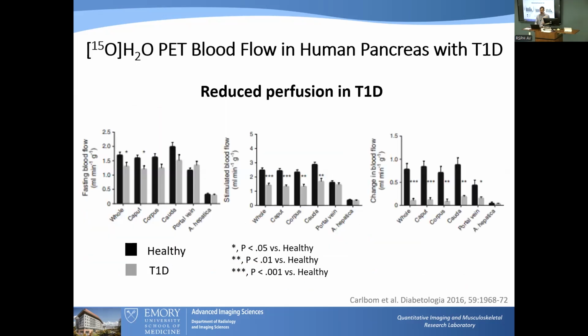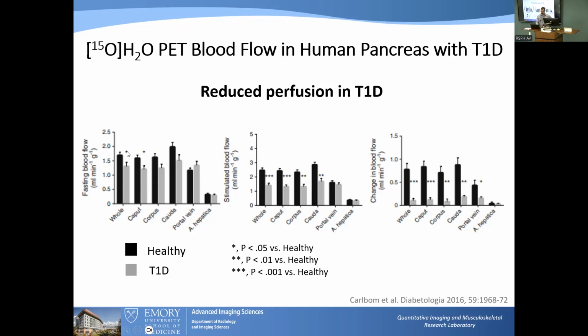That's because with some of the PET studies that have been done in Europe, where they've actually used PET imaging to study progression of diabetes, there actually is evidence that blood flow changes occur both from a fasted to a glucose-stimulated phase, as well as between healthy and disease. In these bar charts, black is healthy and gray is type 1 diabetic.